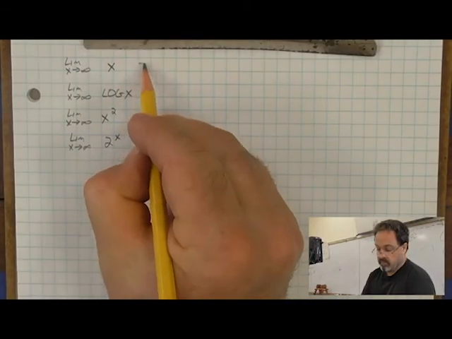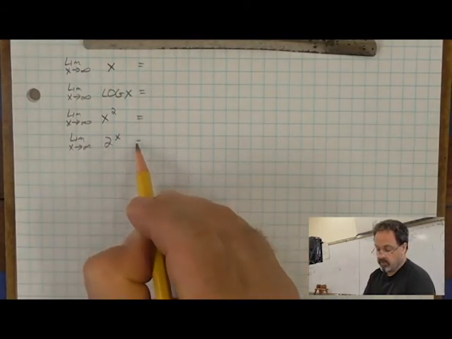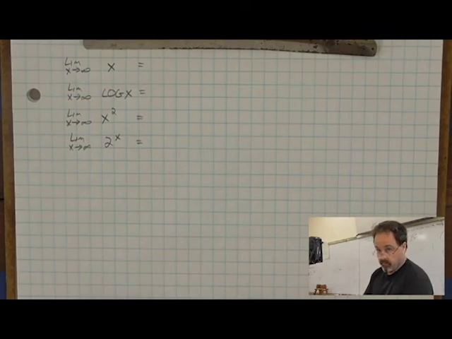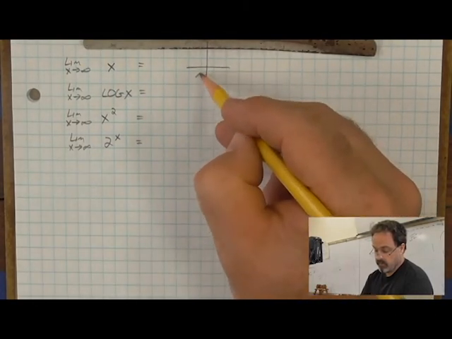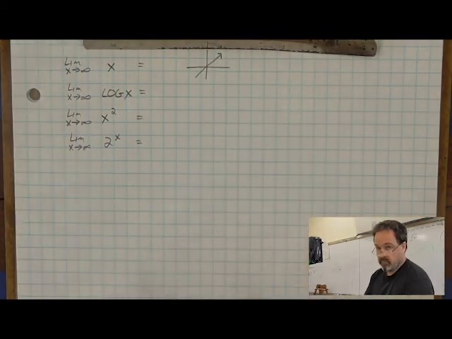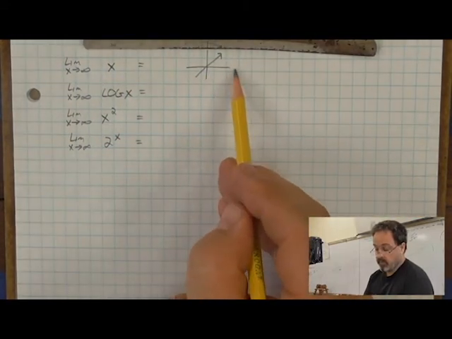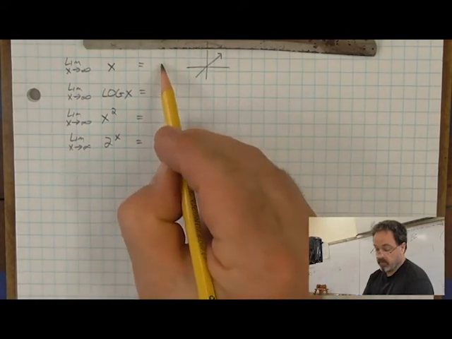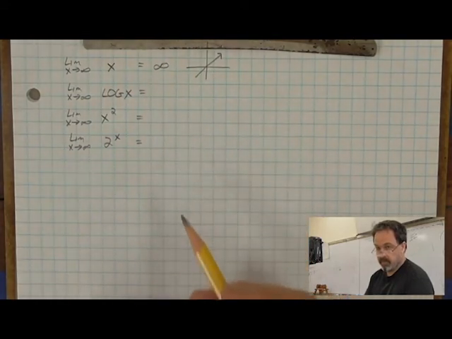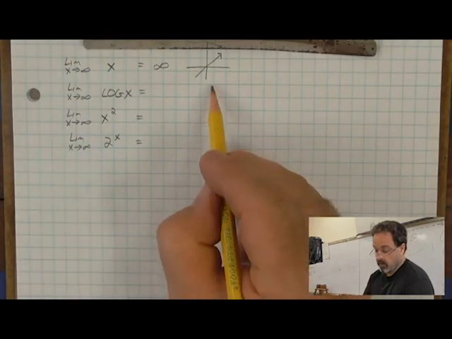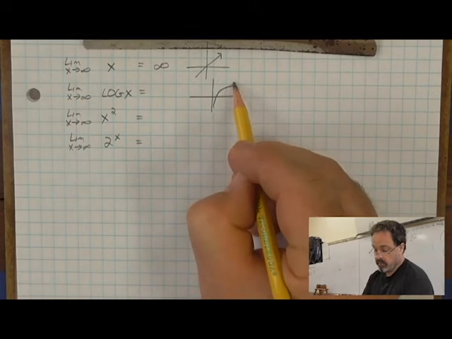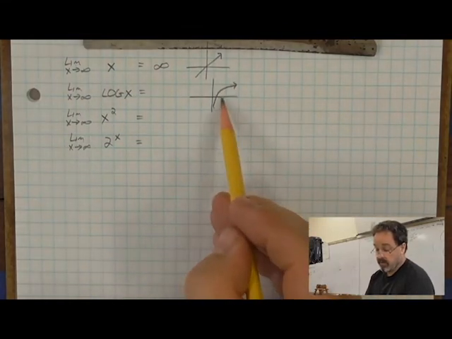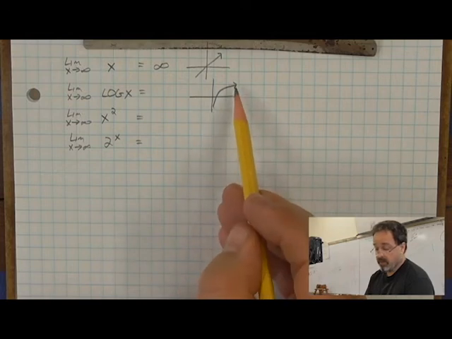It might help us to see a graph of each of these, or remind us what the graph looks like to help us understand the limit. The sketch of parent line is a function that keeps going up. And so as x approaches infinity, the values of the function approach infinity. Log grows very differently than a line. But as x approaches infinity, the values of log keep going up.